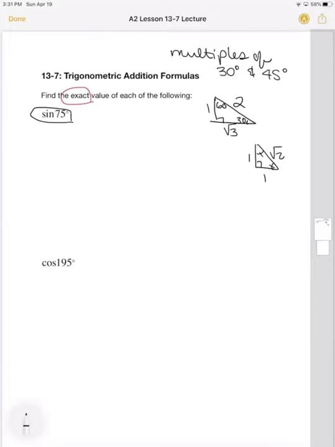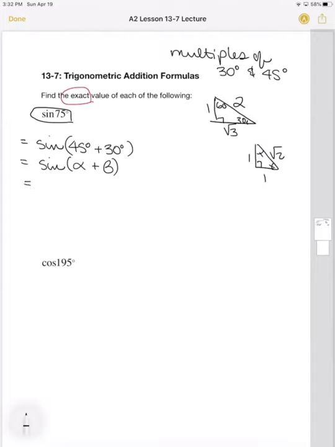So let's think about the sine of 75. The sine of 75 can be rewritten as the sine of 45 degrees plus 30 degrees, in parentheses. So that is the sine of my alpha angle plus my beta angle. I'm not going to rewrite the formula for you because you can be looking at it as I write along here.